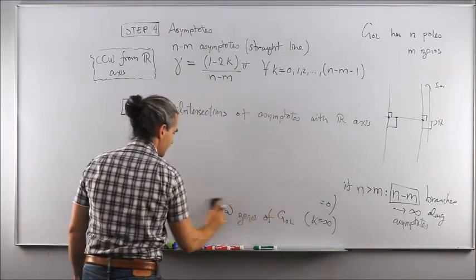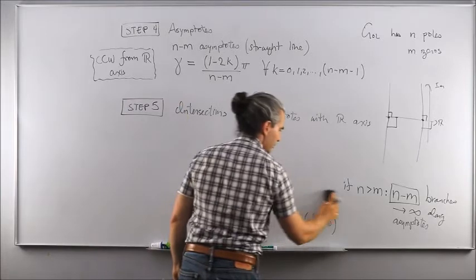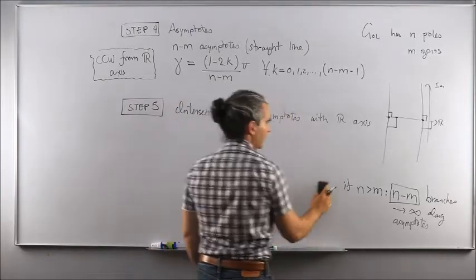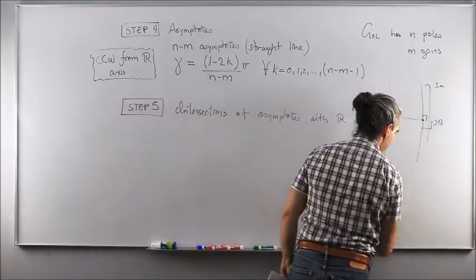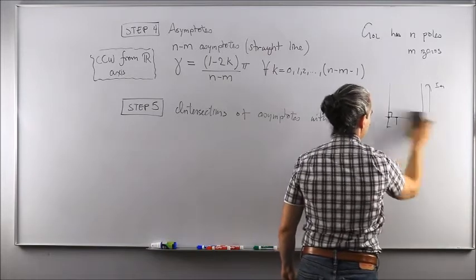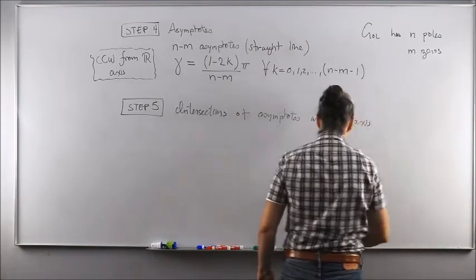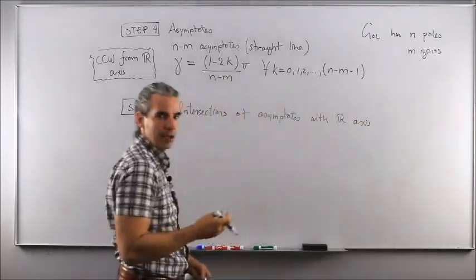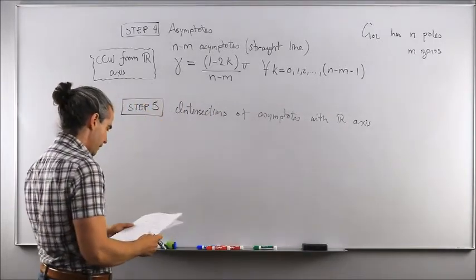If you don't have any asymptotes, don't bother doing this step. Okay? But if you have n minus m asymptotes, you need to do step number 5 to figure out where they meet or intersect the real axis of the complex plane.